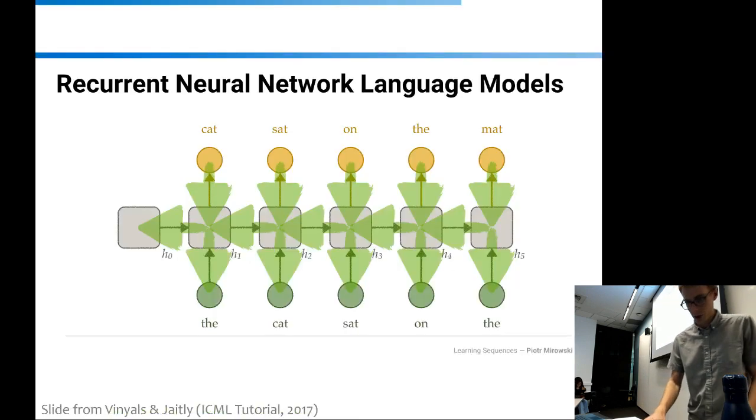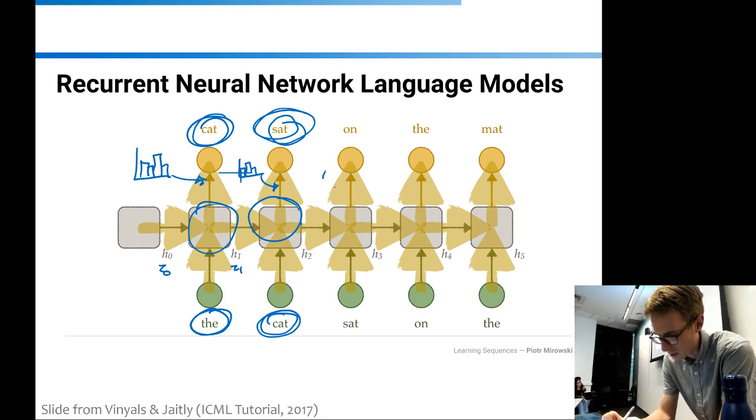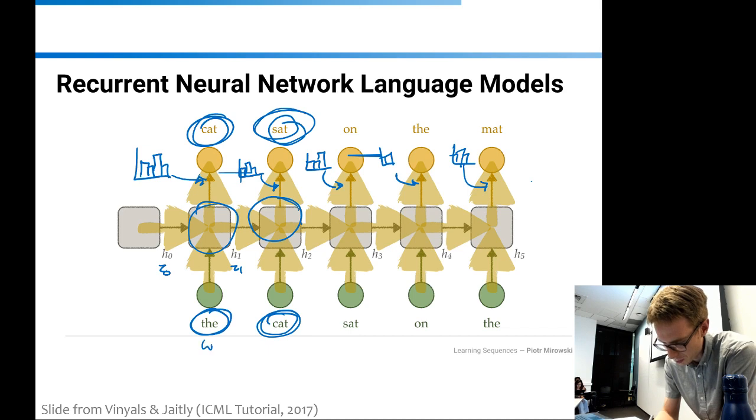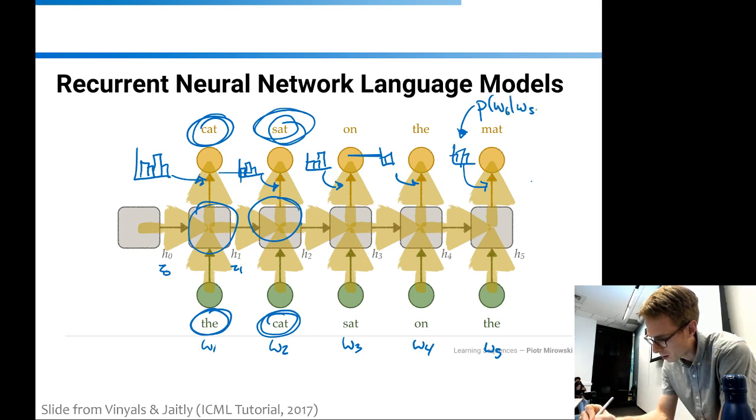Oh, sure. So in this picture, I was drawing these little pictures of probability distributions. And the question is, in practice, what are these distributions? If we look at these words as W1, W2, W3, W4, and W5, this distribution is giving us the probability of W6 conditioned on W5 all the way down to W1.